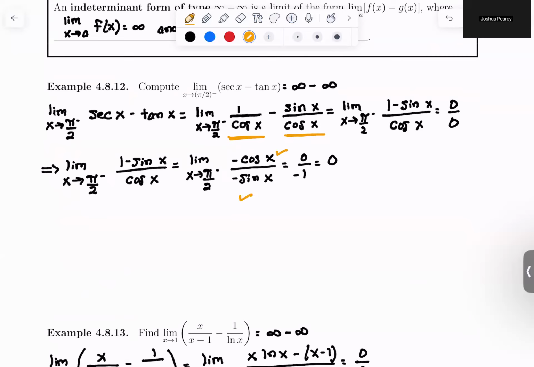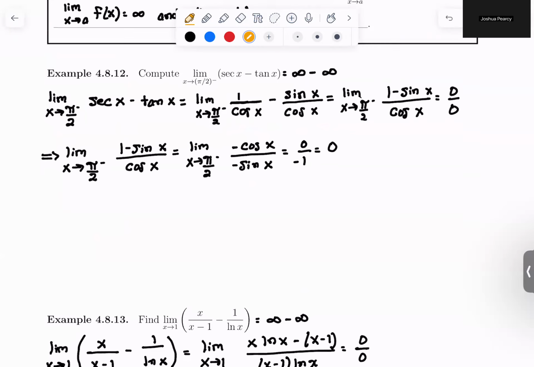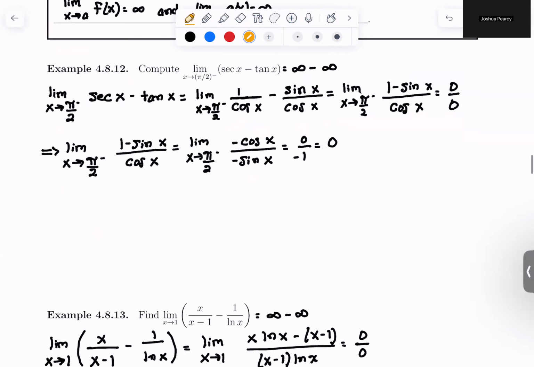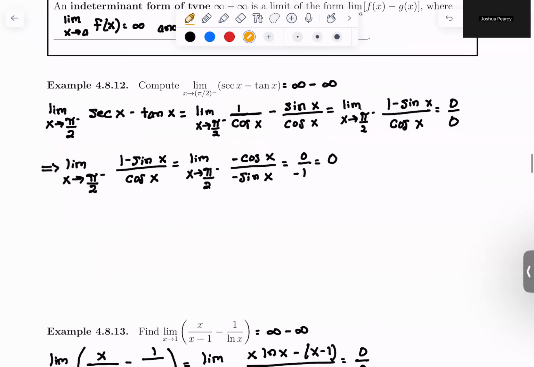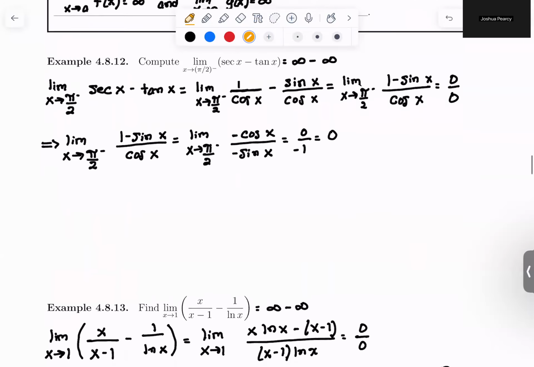Once I let x go to pi over 2, the numerator goes to 0, the denominator goes to -1, and our limit must go to 0 since we have a 0 in the numerator and non-zero in the denominator. You can verify this again by looking into Desmos and plugging in values of x close to pi over 2 coming from the left. So that one we just did by rewriting secant as 1 over cosine and tangent as sine over cosine.